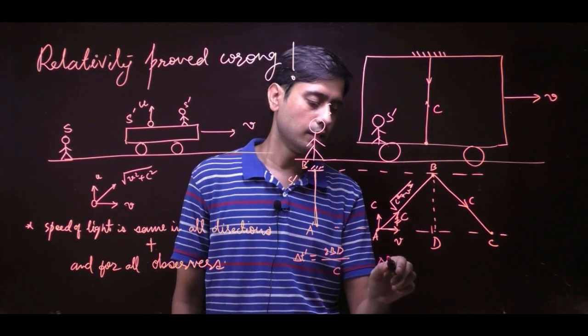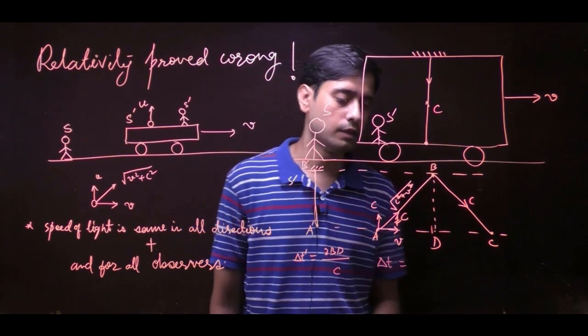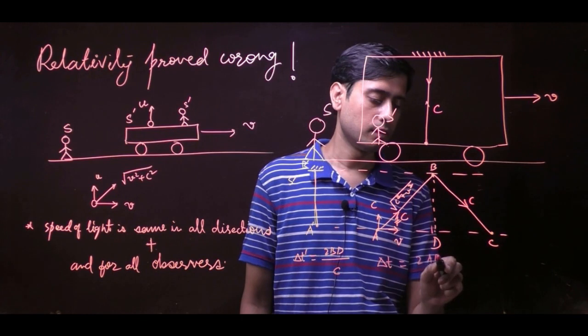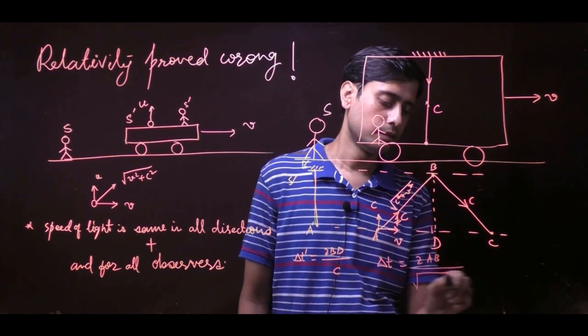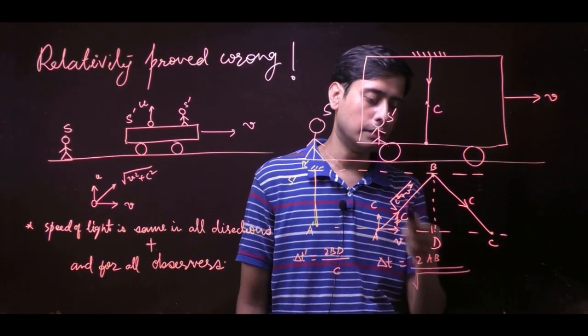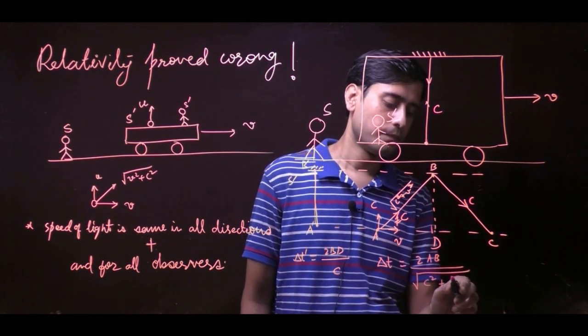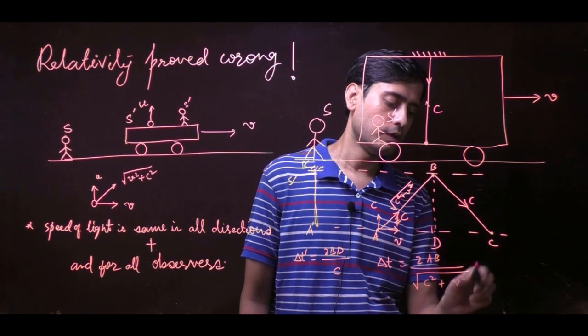And delta t equals twice AB divided by the old Galilean velocity, square root of c square plus v square.